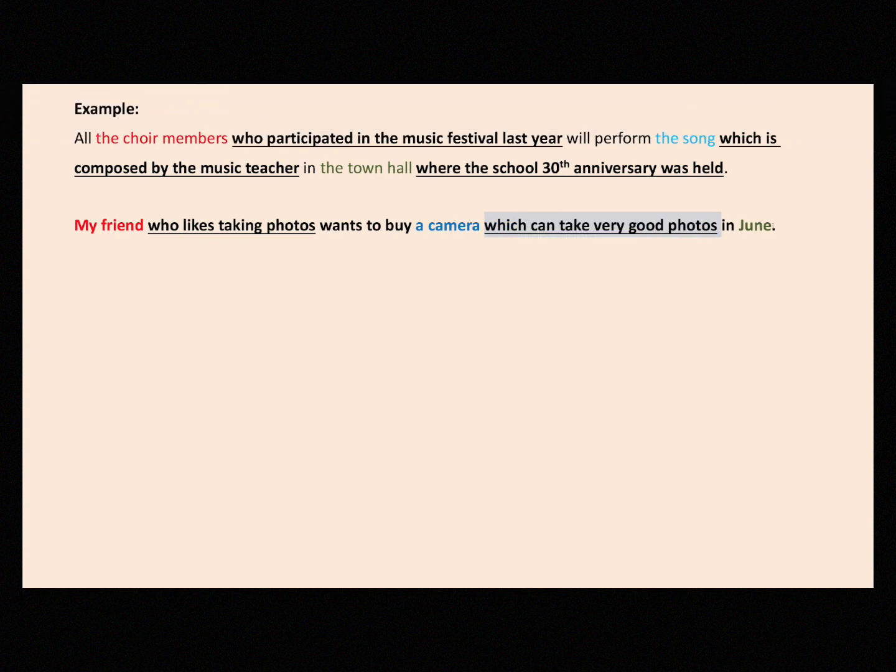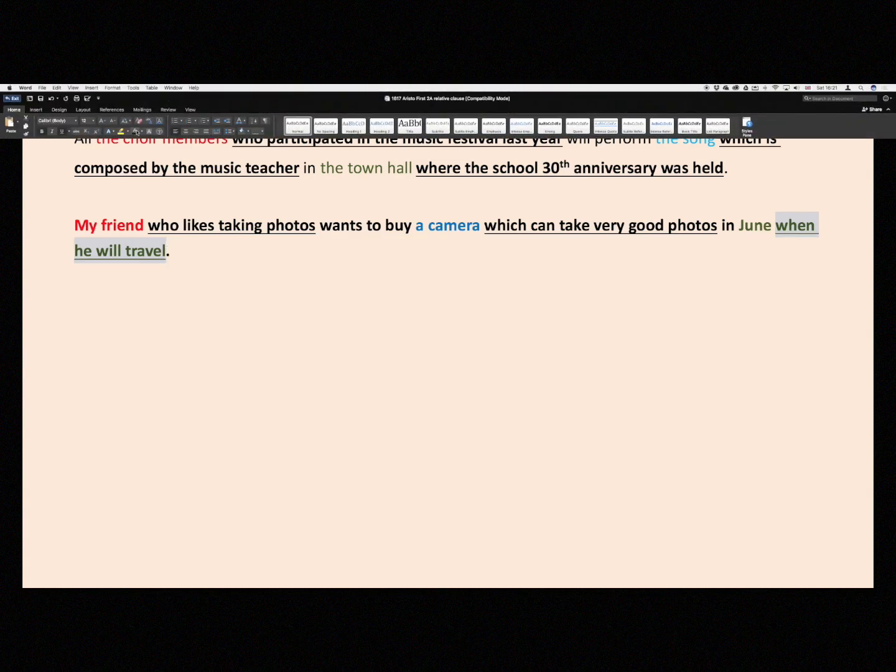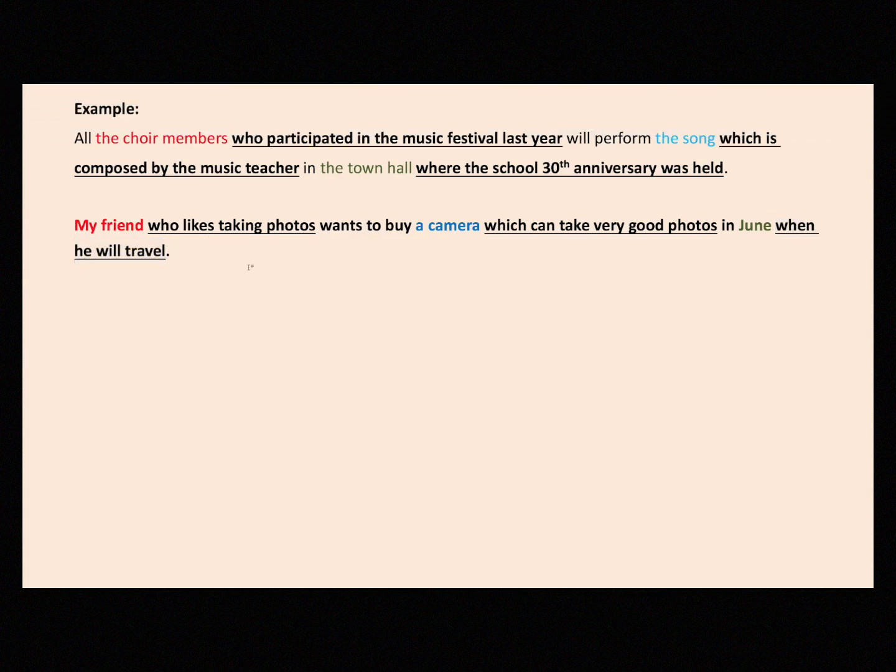And then in June, of course, I can say when he will travel. Now I have extended the sentence using relative clauses, using who likes taking photos to talk about my friend.